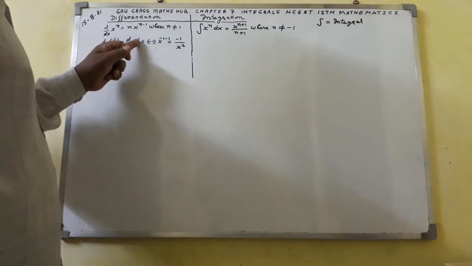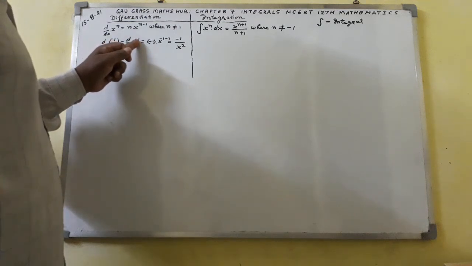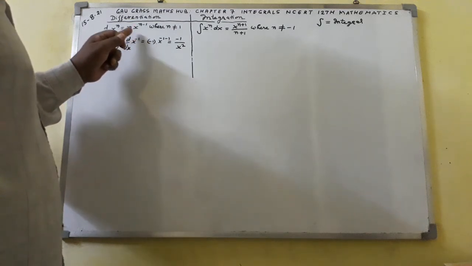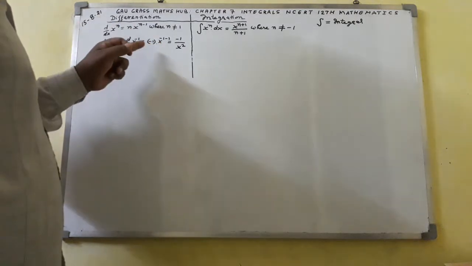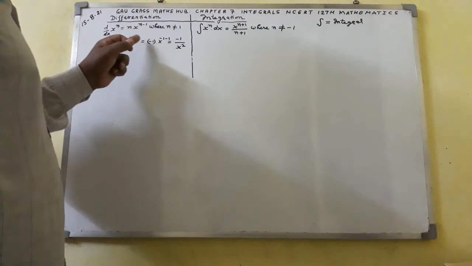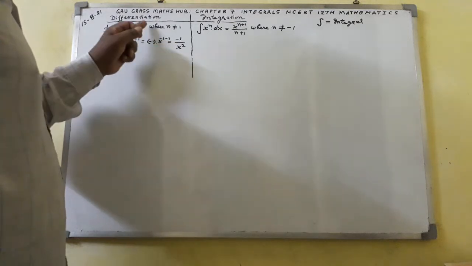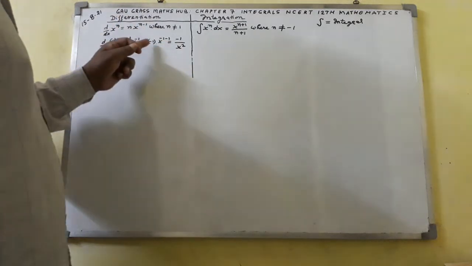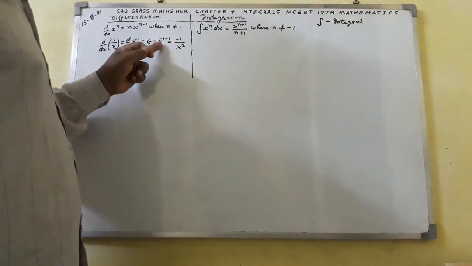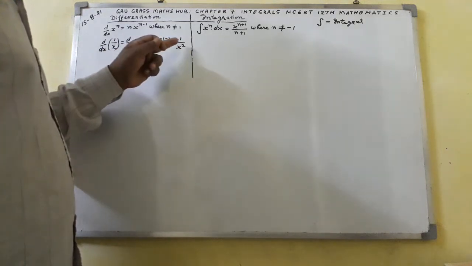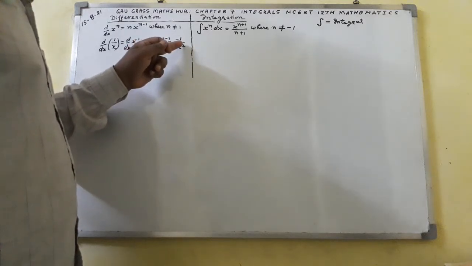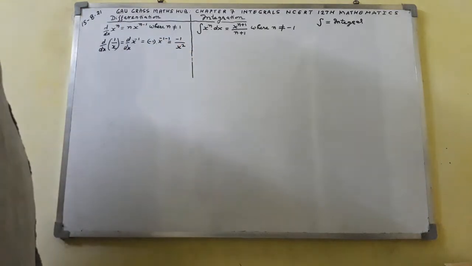Here the value of n is minus 1. So in place of n I have written minus 1, x I have written, and in place of n I shall write minus 1 minus 1. You will get here minus 1, x raised to the power minus 2 comes out to be x square. You will get here equal to minus 1 over x square.